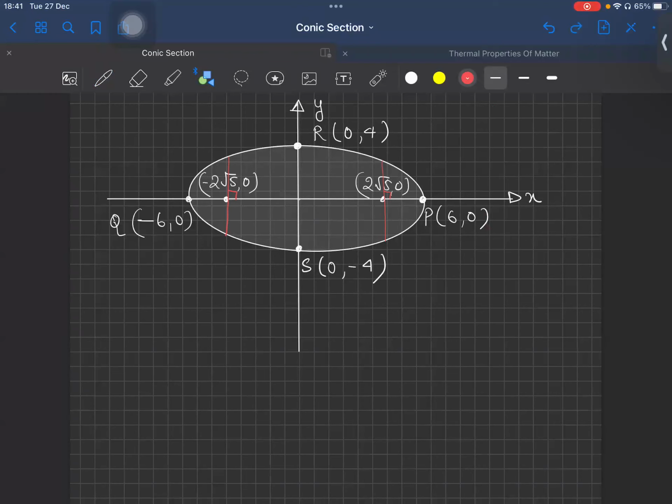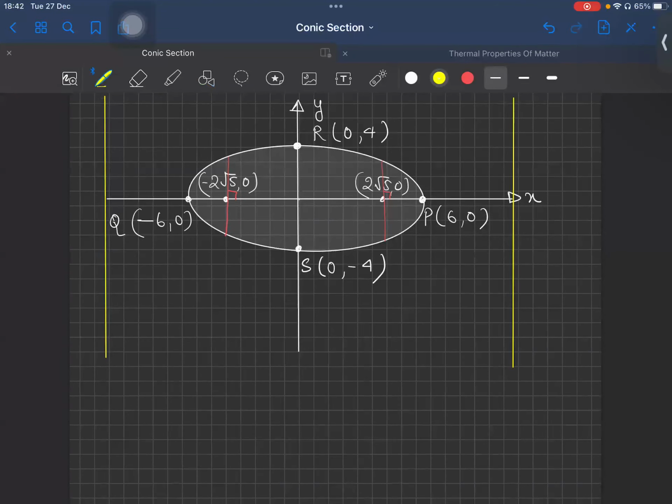Find the equation of directrix. These are the directrix. Tell me the equation of directrix. So this is your one directrix, and here will be your other directrix. Yes. Tell me the equation of directrix.